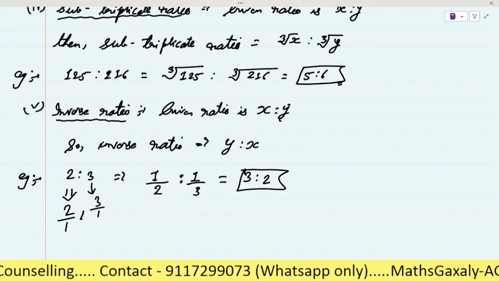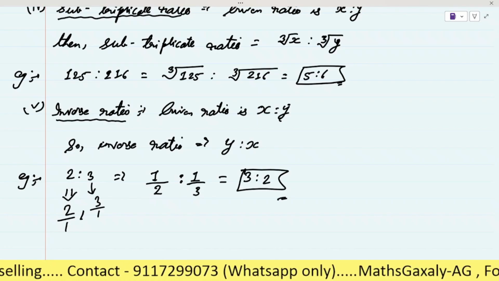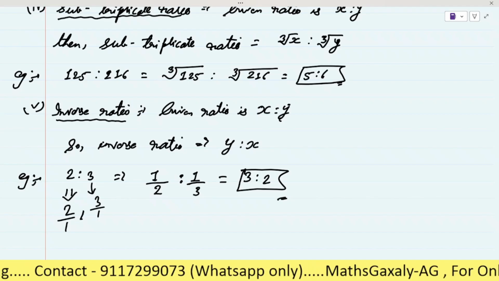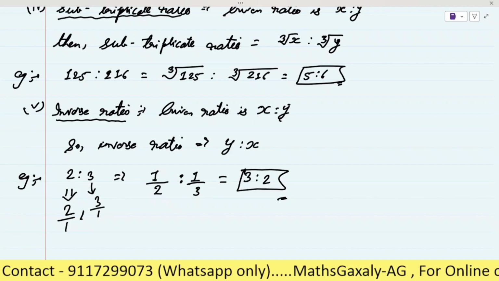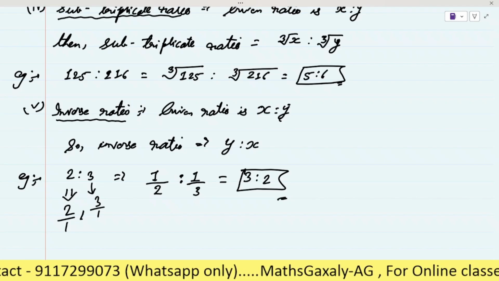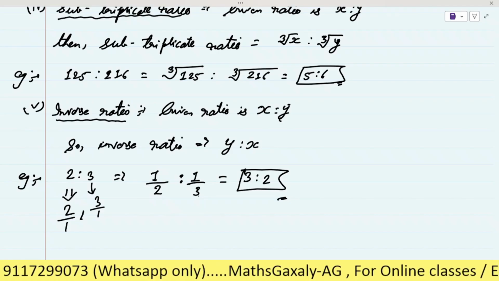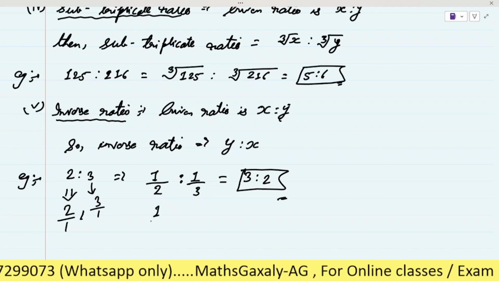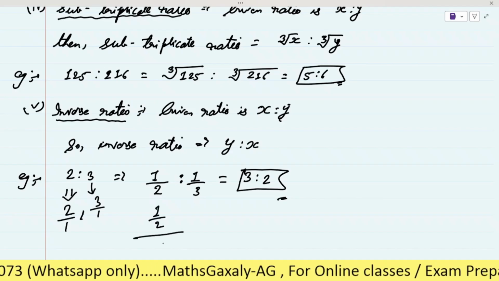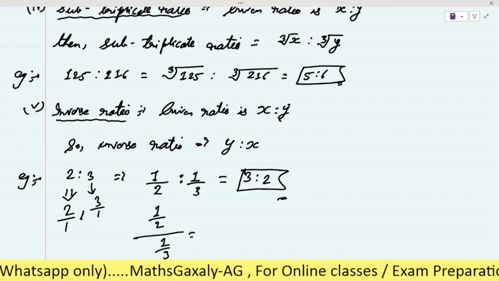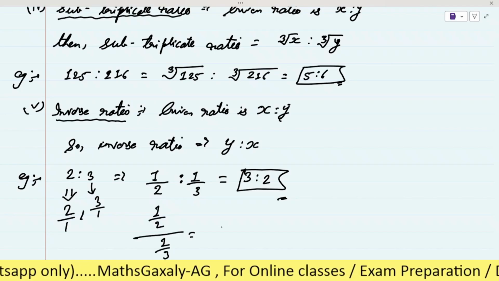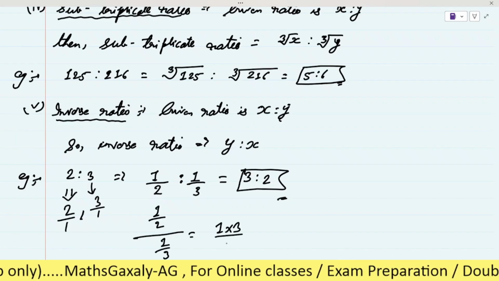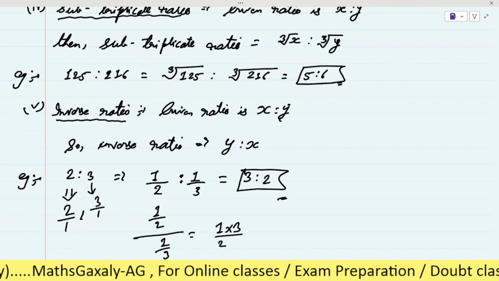Is it clear now, or any doubt? This can be written in the form of division: 1 by 2 whole divided by 1 by 3, right? So this 3 will come in the numerator, then it will be 1 into 3 by 2 into 1.